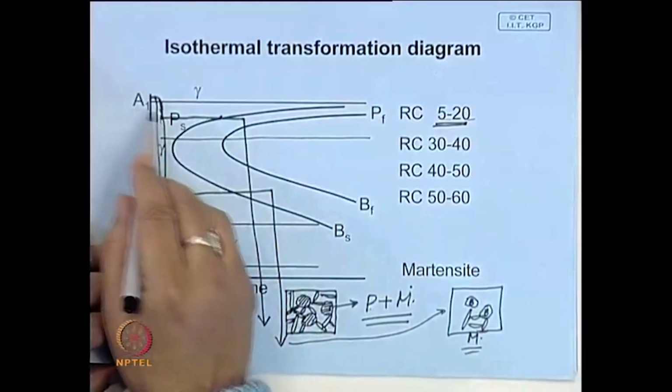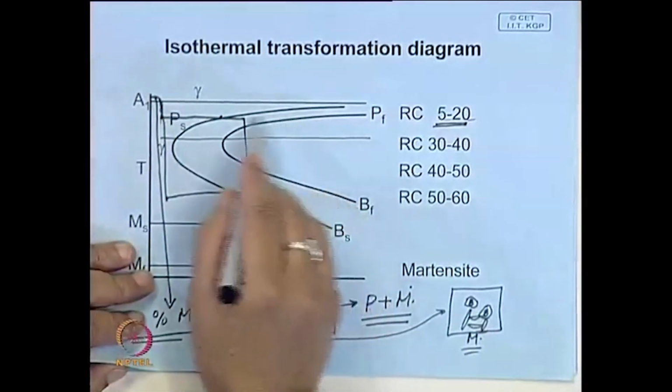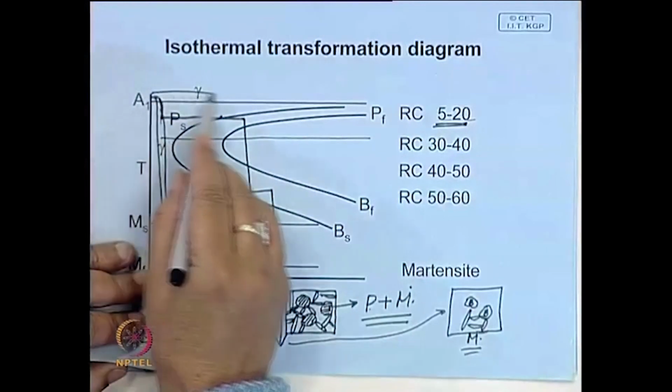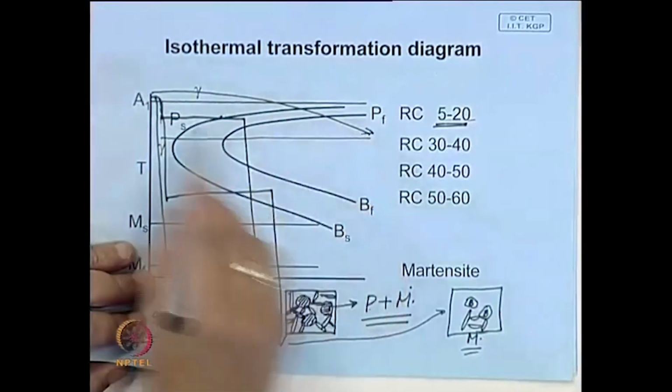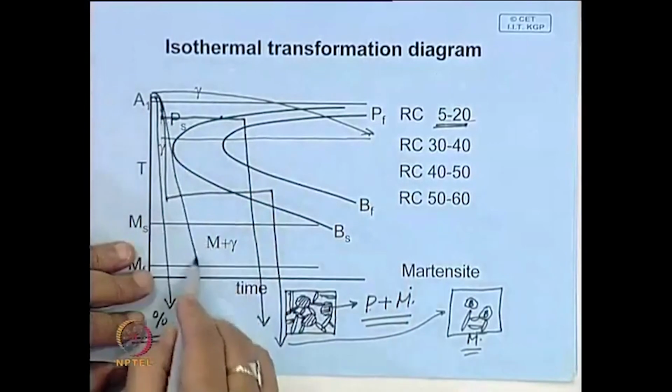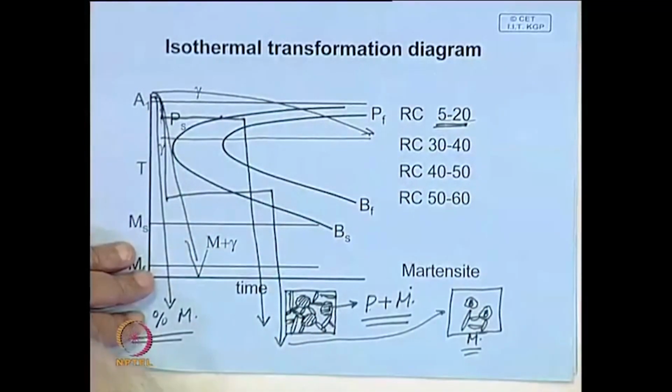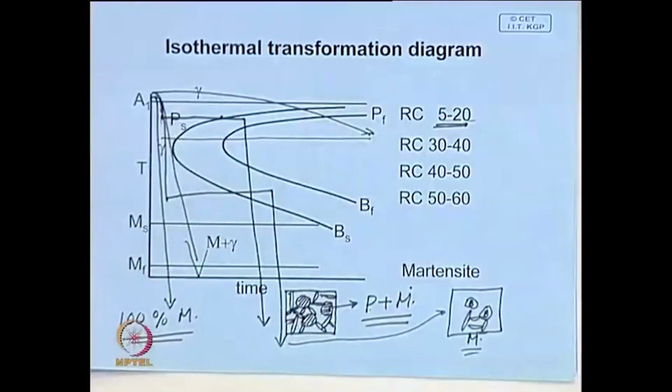It is also possible to use this type of diagram to interpret what happens when you cool it slowly and when you cool it fast. Here also this concept is very useful to understand the effect of cooling rate on the formation of microstructure in steel, and this we will come back to later when we talk about heat treatment of steel in a subsequent chapter.